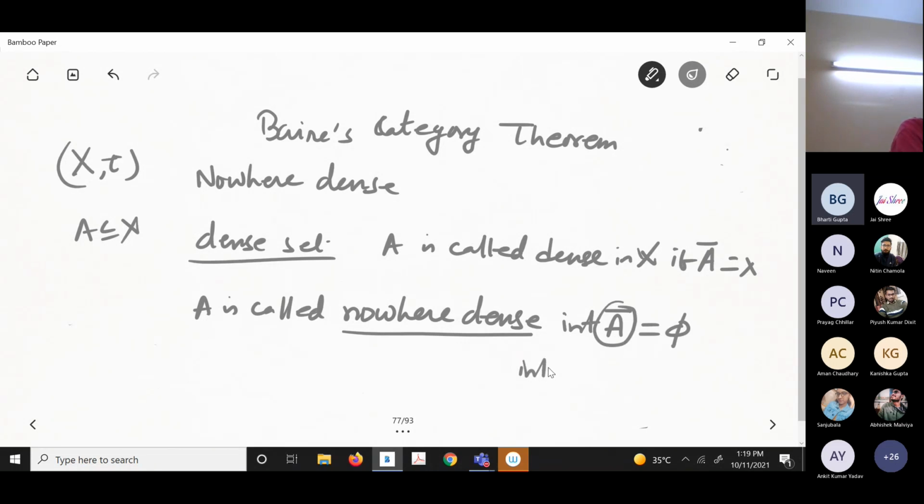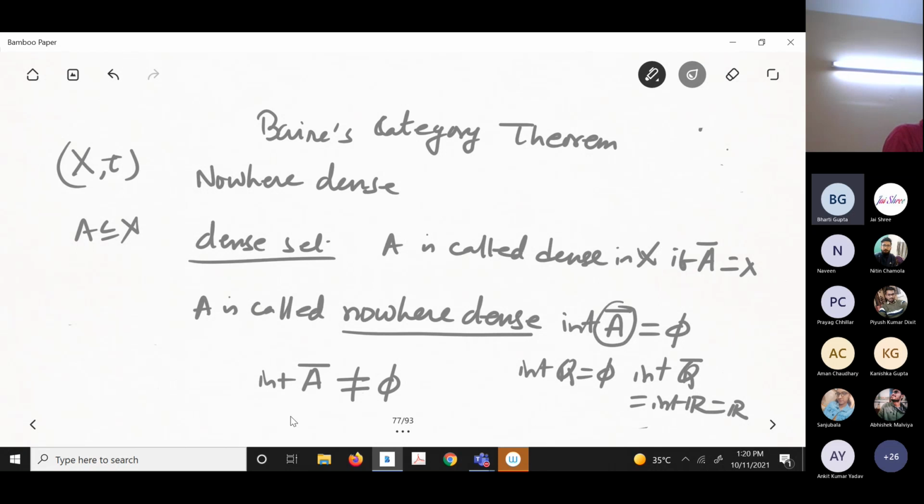Like the interior of Q is empty, but the interior of Q bar is the same as the interior of R, which is R. So be careful about it. And somewhere dense, actually I won't be using it, means that this is non-empty.